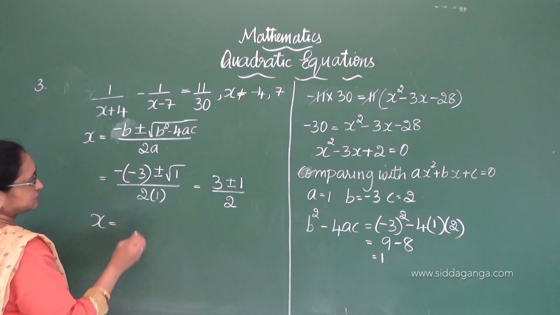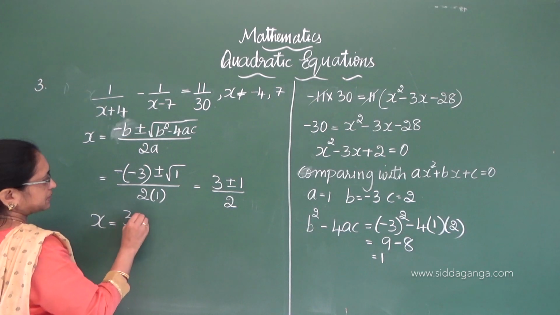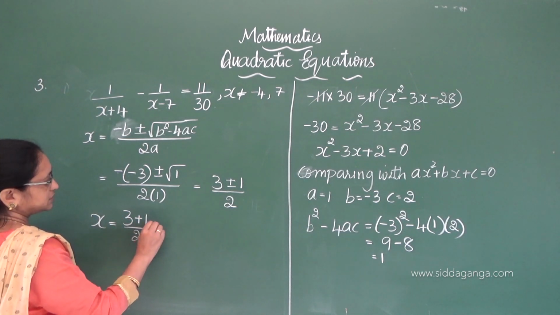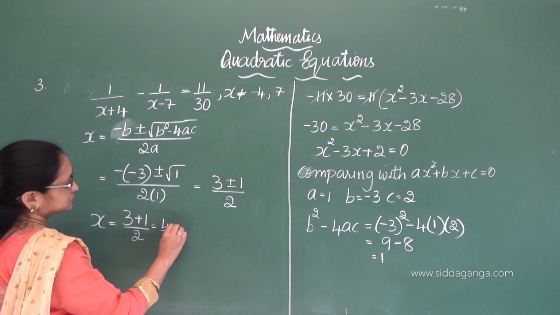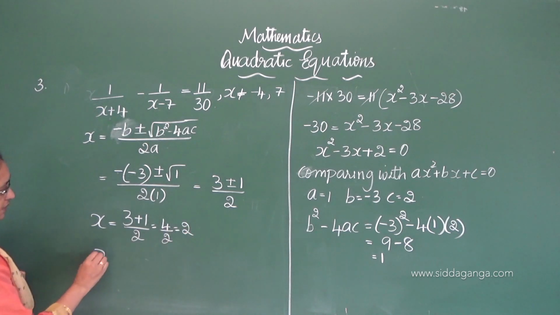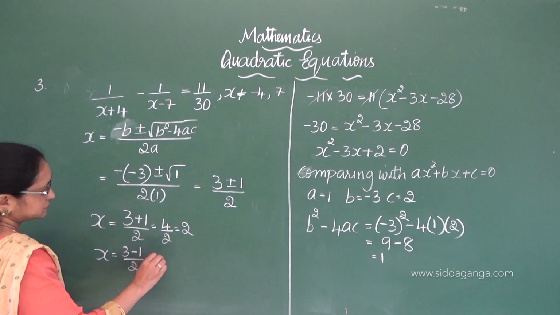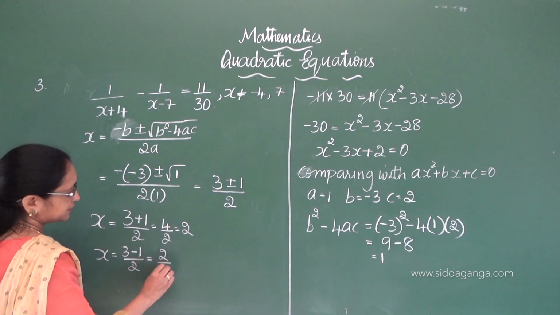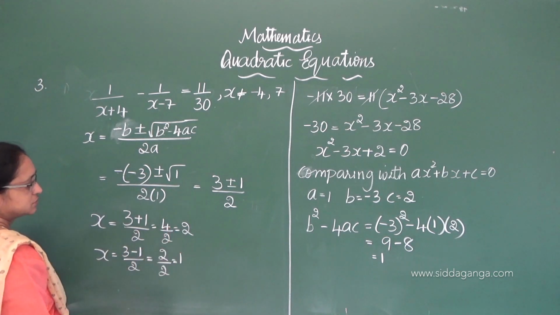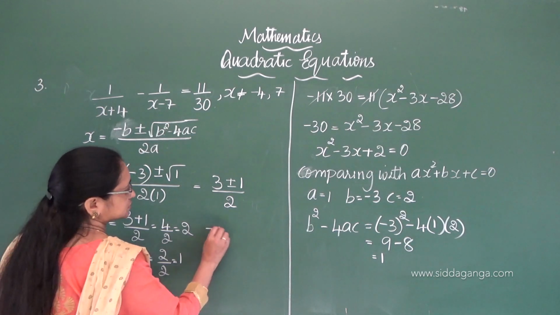Now x is equal to 3 plus 1 divided by 2, that is 4 by 2 is equal to 2. The next one, x is equal to 3 minus 1 by 2, which is equal to 2 by 2, which is equal to 1. So what are the roots?